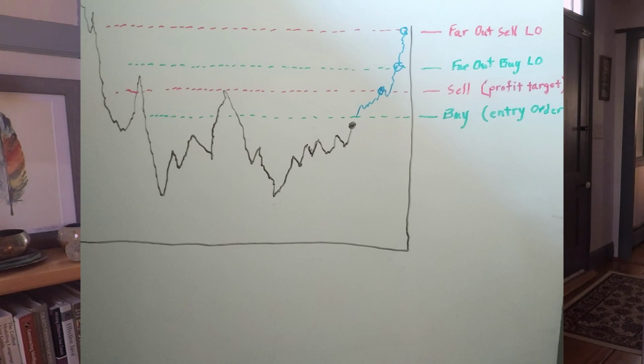So look, the black is the price. The current price is where that black dot is at the far right edge of the chart. So you can see the initial order that I'm putting on. I have a buy entry order as a limit right above where current price is, because I want price to come to me.